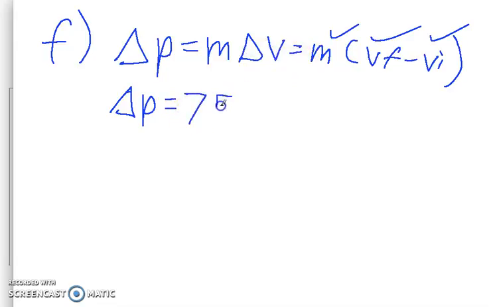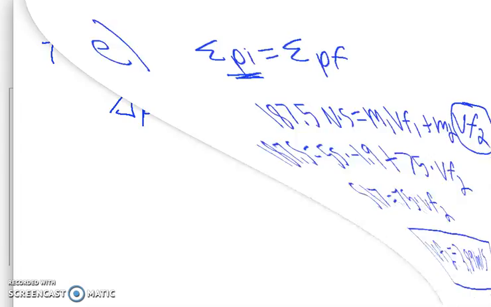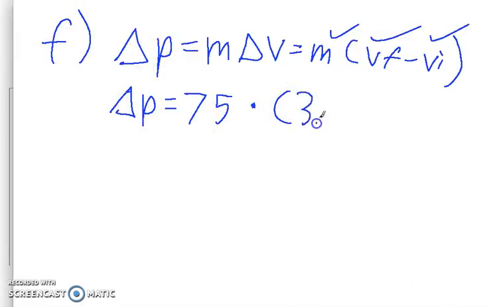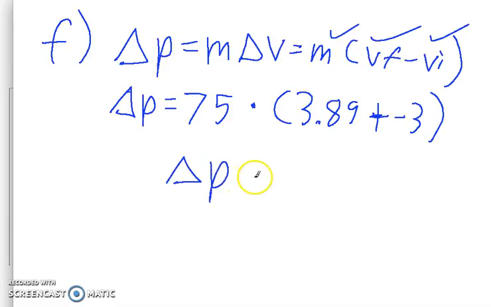Her mass is 75 kilograms. The final velocity we just calculated is 3.89 meters per second, minus her initial velocity, which is -3. So the impulse, the change in momentum, is 67 newton seconds.